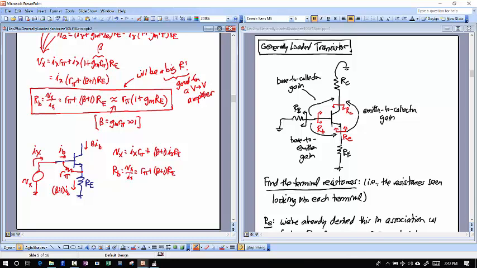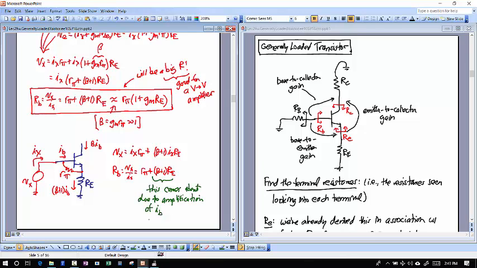this equation, right? So basically what you understand is this term here comes about due to amplification of base currents.